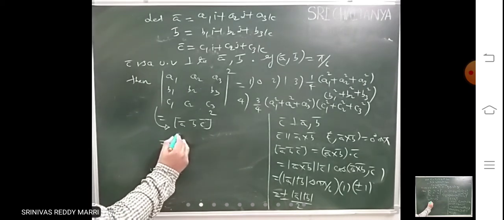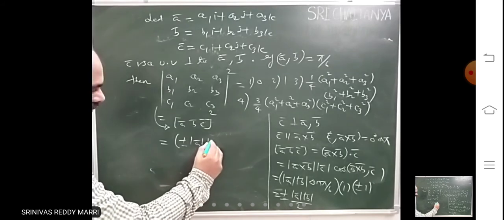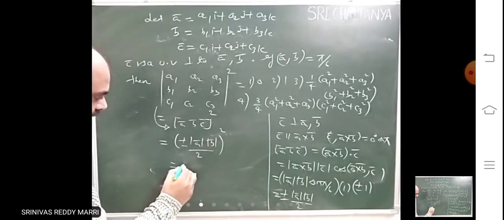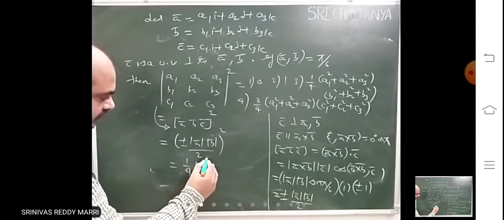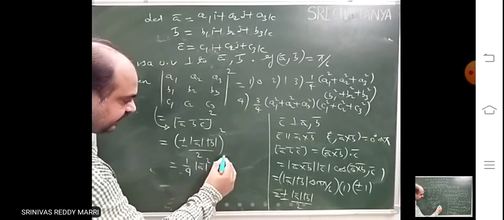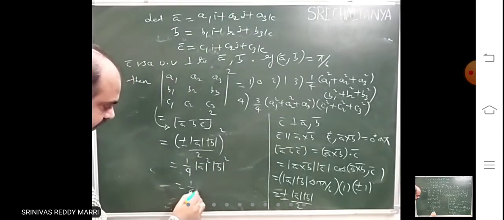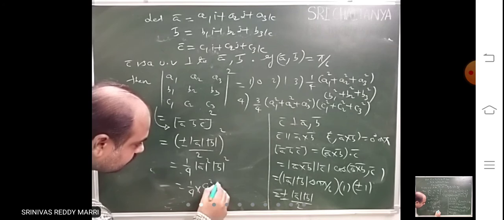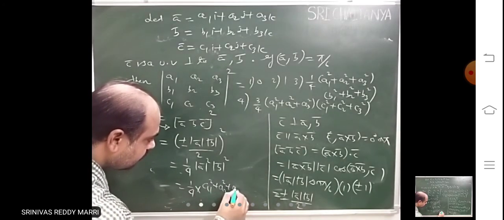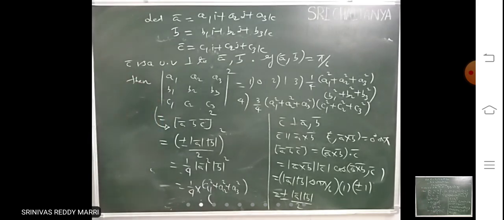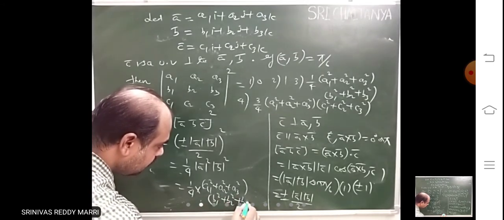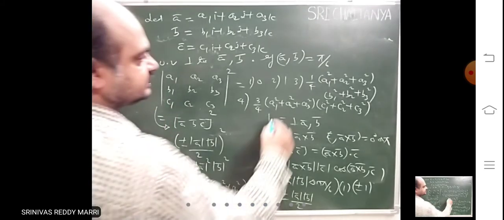So box ABC is plus or minus modulus A bar into modulus B bar divided by 2. Whole square, that is 1 by 4 modulus A square modulus B square. Modulus B square, the root will cancel, giving B3 square. This is the answer.